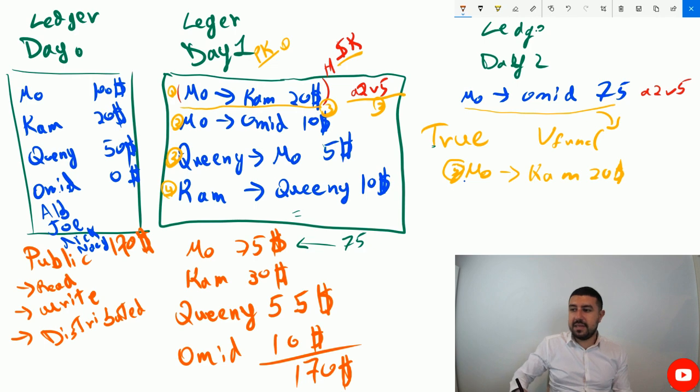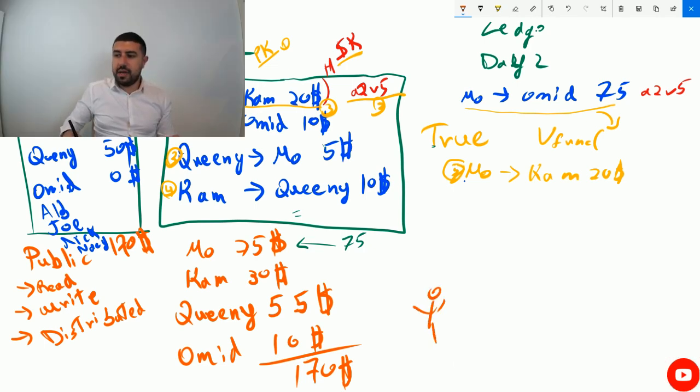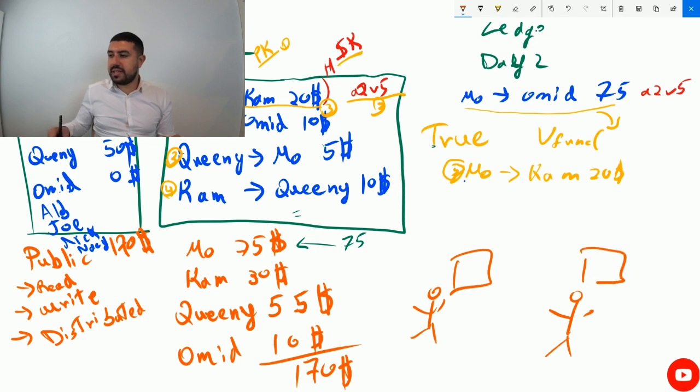Because everybody has a copy of this ledger. But what happens when somebody here makes a transaction and sends it everywhere so everybody knows that it happened, but somebody else had another transaction happen that's different than here, and then people have different copies of this ledger? Then which one is true, right? What is the truth? Which one do we believe in?